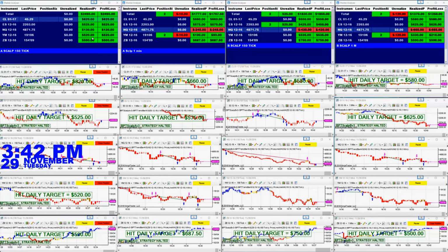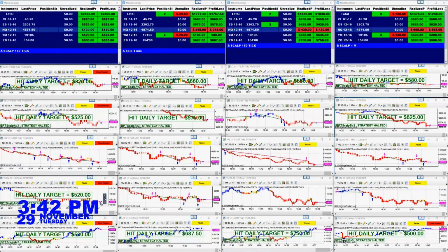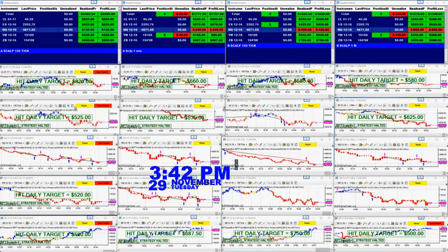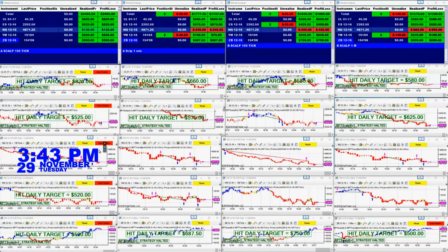All of them did very well on the A scalper, but if you notice on the NASDAQ, this is the only market on the A scalper 150 ticks that did not make the target, where we can see the others hit the target no problem, except the NASDAQ. It was really a lot of volatility today on the NASDAQ.